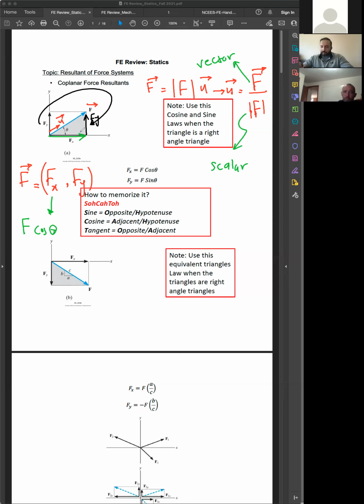I moved that here just for the sake of showing you what I'm talking about with the sine and cosine. Using the right triangle rule, cosine theta in the right triangle is equal to the adjacent over hypotenuse. So from this you can say your Fx is equal to F cosine theta. That's what you see here.